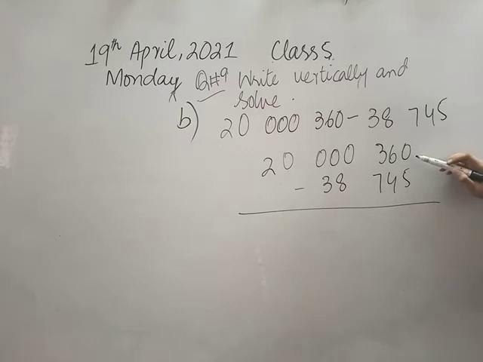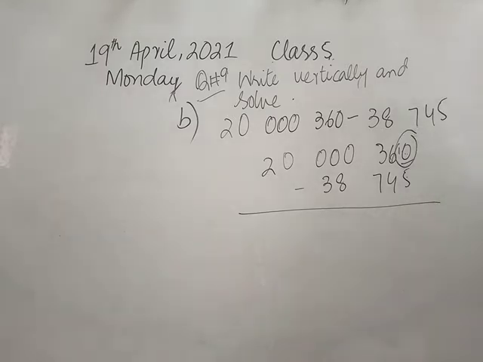If you look class, now I am going to start from the right side because as you know, it is the condition of the question: subtraction, addition and any operation, you have to start from the right side. Now, 0 minus 5, is it possible? No. So we will take carry from the next number and now this number will become a 2-digit number.